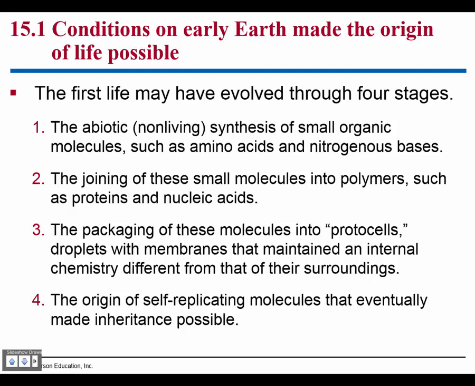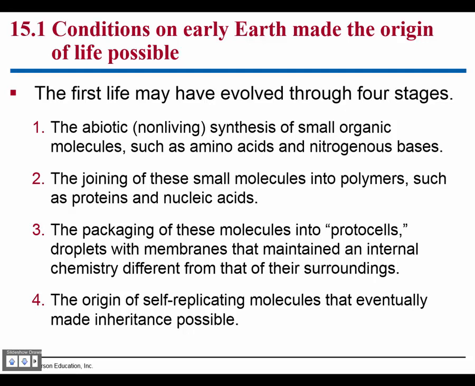So probably four stages, all right? You have an abiotic synthesis of organic molecules, amino acids, nitrogenous bases, right? We would have to show that those can form spontaneously, if our assumptions are correct. And then joining these small molecules into polymers, such as proteins, right?